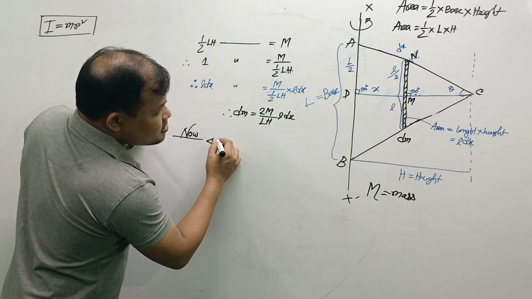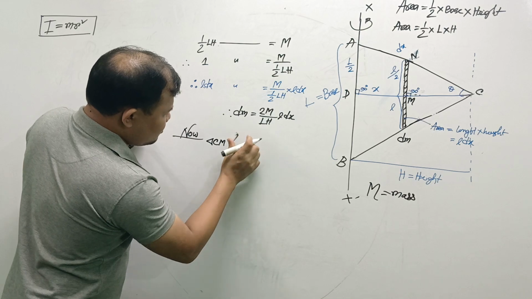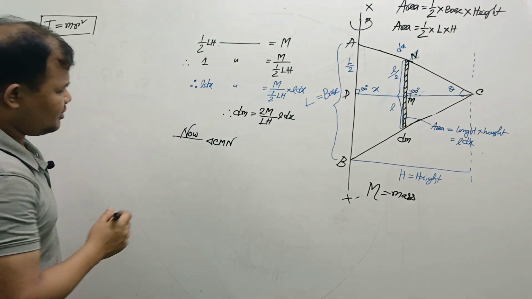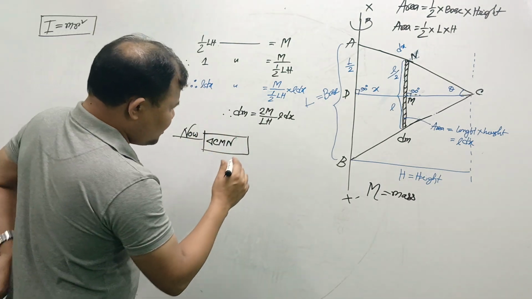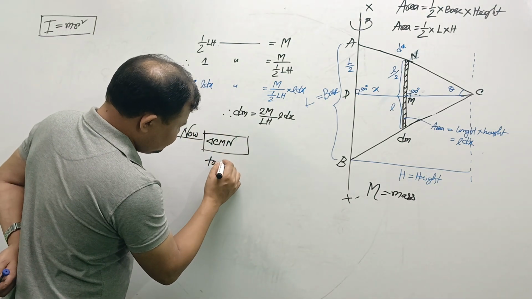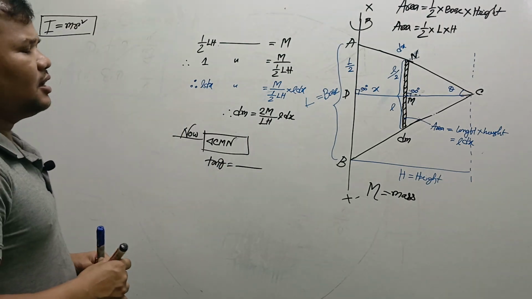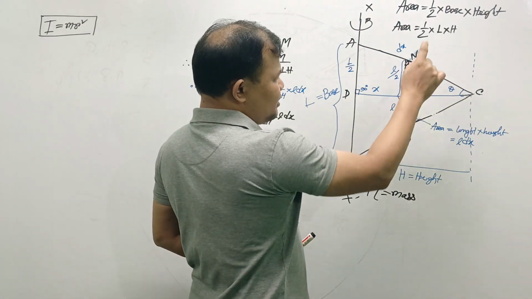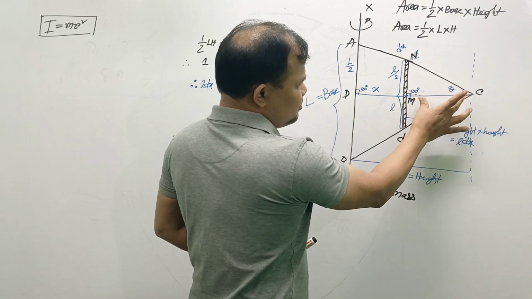From triangle CMN, we can write this equation, tan theta. We know tan theta is height divided by base. If CMN is a right angle triangle, then this will be the height and this will be the base.